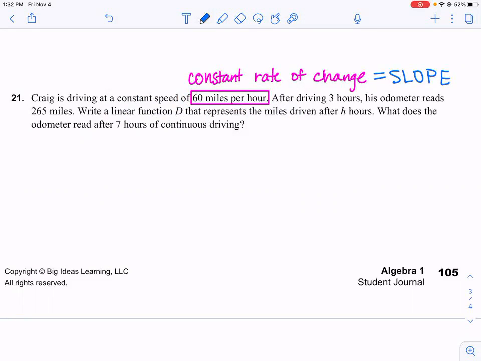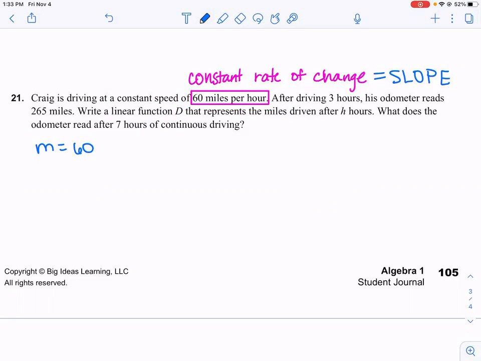Constant rate of change is slope. Like that's literally what the definition is. So our slope, cool, is 3. Okay, no, our slope is 60. Okay. After driving for 3 hours, his odometer reads 265.